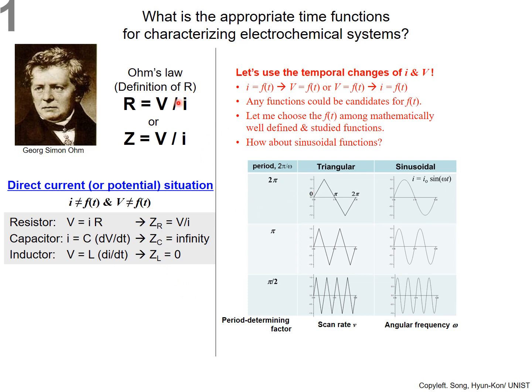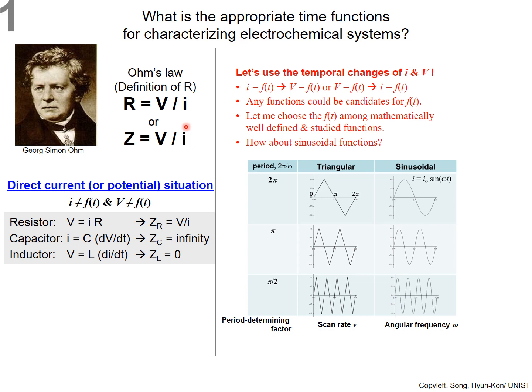The definition of resistance is voltage per current. I have said impedance is basically resistance. So impedance Z can be defined as voltage per current.